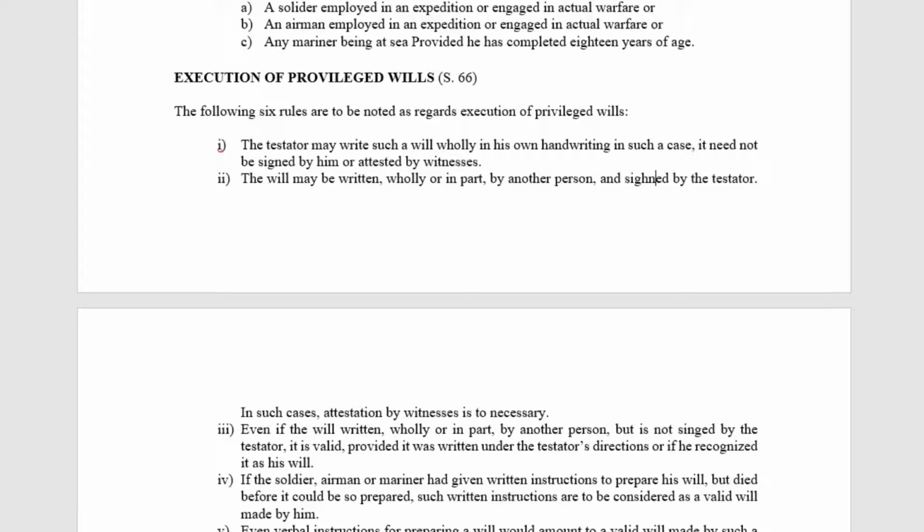But with regard to the third aspect, if the will is written wholly or in part by another person, but it is not signed by the testator, it is valid, provided it was written under the testator's directions, or if he recognizes it as his will.